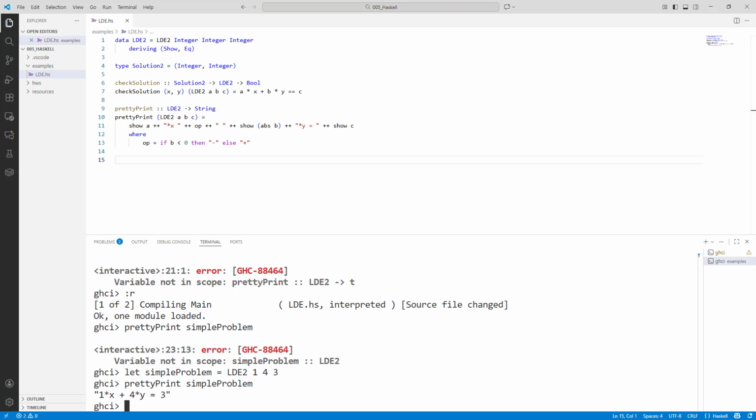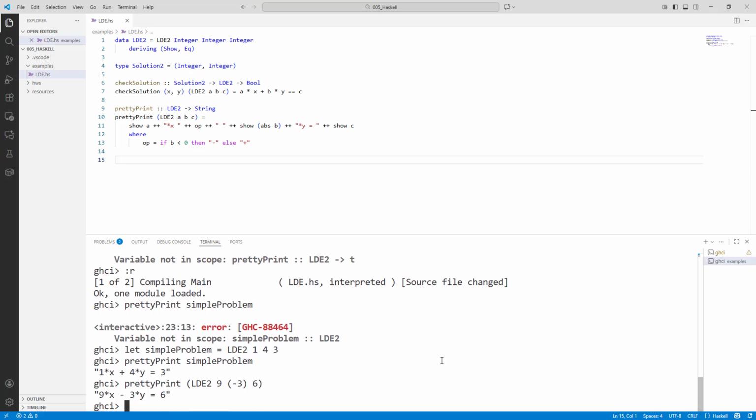It looks nice. Let's give it a negative example, which is going to be prettyPrint, something like LD2, and then we have the 9, -3, minus is always with parentheses in Haskell, and it works. So the where clause has correctly picked the minus sign. So let's try the short problem.